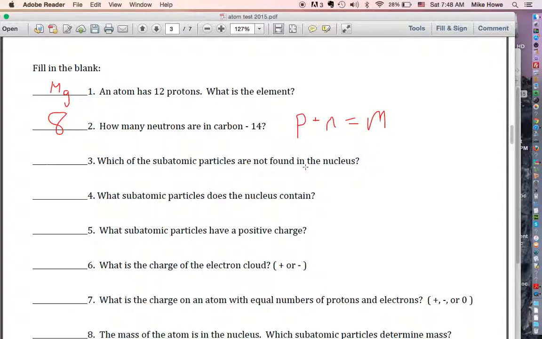All right, the nucleus contains the protons and the neutrons. Remember, all the mass is in the nucleus. I'm going to back up here just a second. Number 2 again.